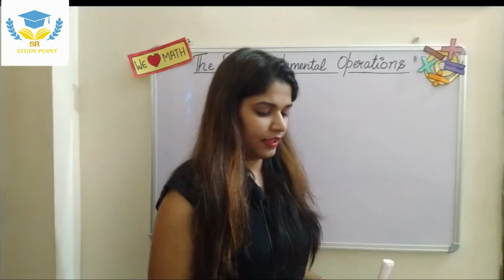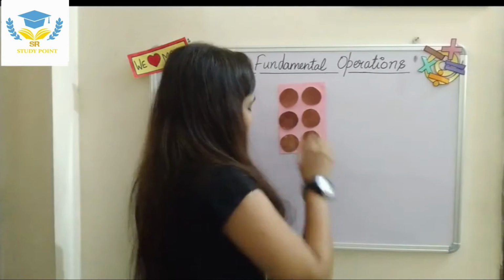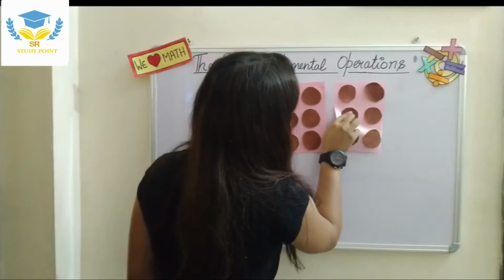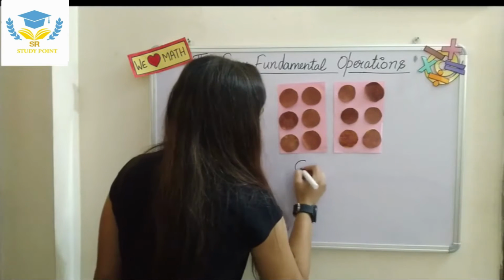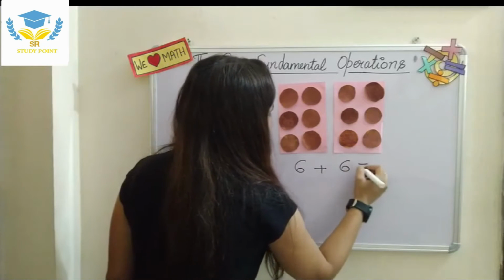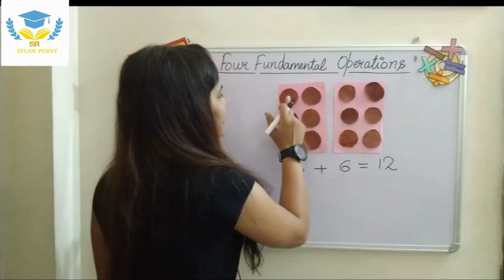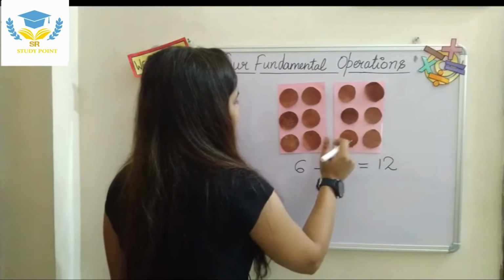Suppose we have 6 cookies in one tray, and 6 more cookies in another tray. So how many cookies do I have together, children? Yes, it's 6 plus 6, that is 12. Because here we can quickly count 1, 2, 3, 4, 5, 6, 7, 8, 9, 10, 11, 12.